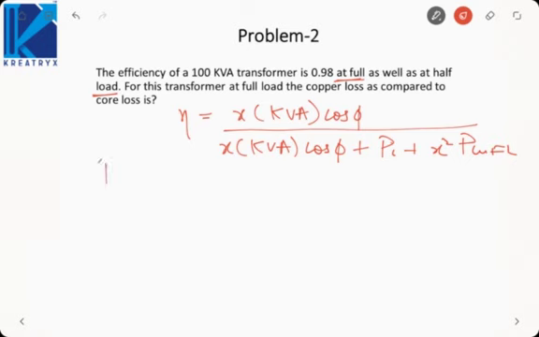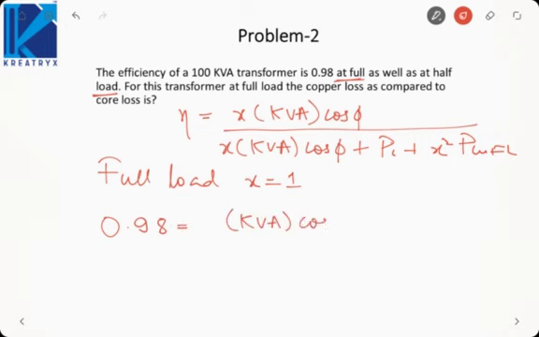So when we talk about full load, that means x is equal to 1. So efficiency is 98%, so we can write 0.98 is equal to kVA into cos phi by kVA cos phi plus Pi plus PCU FL. Since we are given nothing about the power factor, I will assume it to be cos phi.